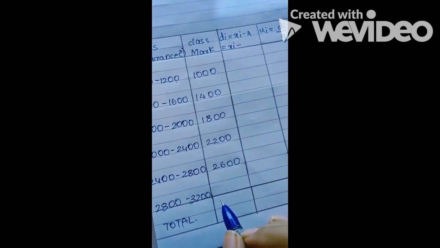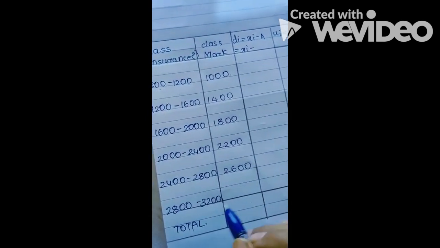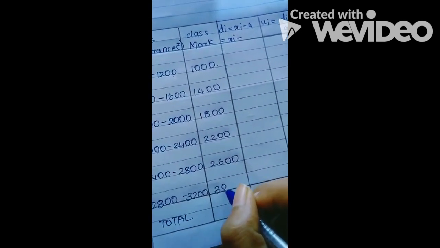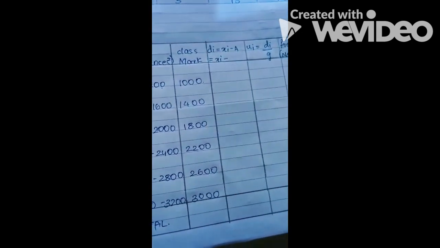Then last is 2800 plus 3200 divided by 2, which will be 3000. Okay, we have done with the class mark.